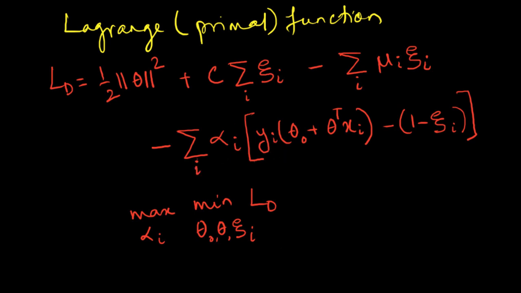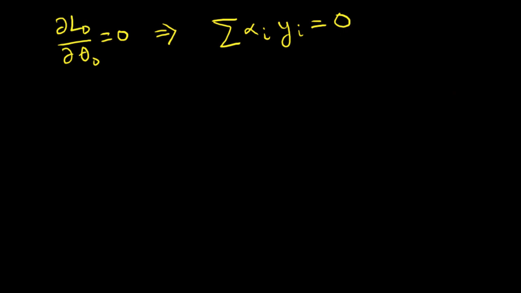Now let's take a derivative with respect to theta vector. So this will go away, this will go away, this will go away. Again, like last time, what will just remain is this and this. So these two expressions are exactly the same as what we obtained in the linear SVM case without the slack variables.